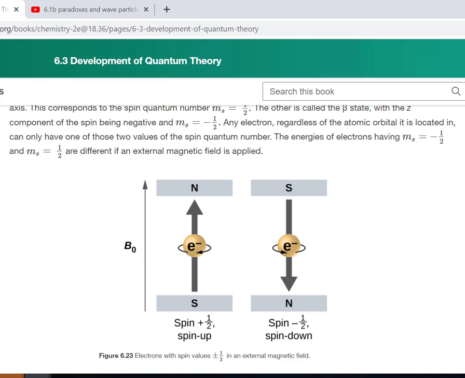We don't know for sure if they are spinning, but we know that the physical effect they have on their environment would be consistent with a charged particle that is spinning. It turns out there are basically 2 ways they can spin. We call it spinning up and spinning down. We don't have to know what that means for this class, other than there are 2 possibilities, and we give them a +1/2 and a -1/2 in terms of describing them.